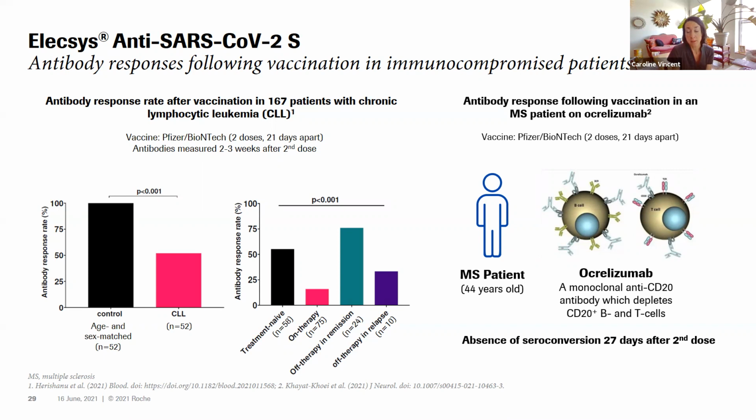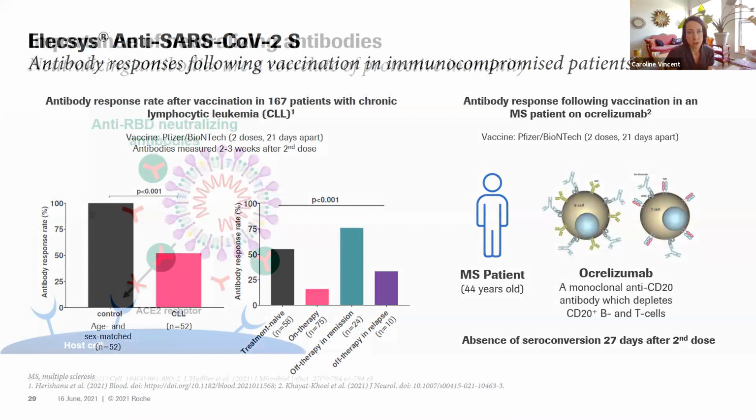And so the patient still had not developed a measurable antibody response 27 days after receiving his second dose of the Pfizer vaccine. And so based on these preliminary results, it seems that antibody response following vaccination is markedly impaired in immunocompromised patients, and it is also affected by disease activity and treatment at the time of vaccination.